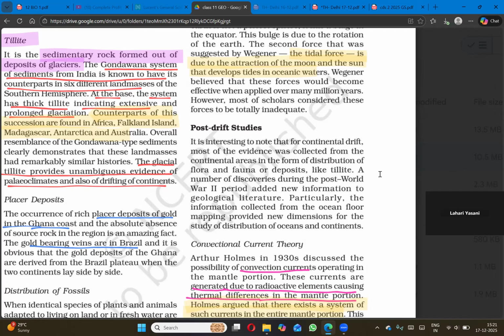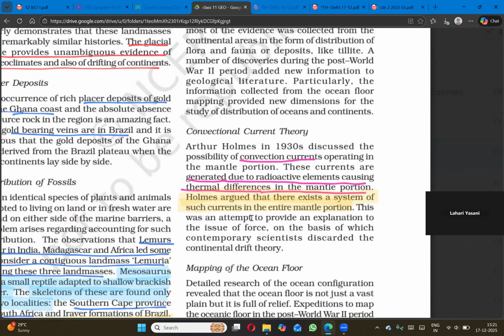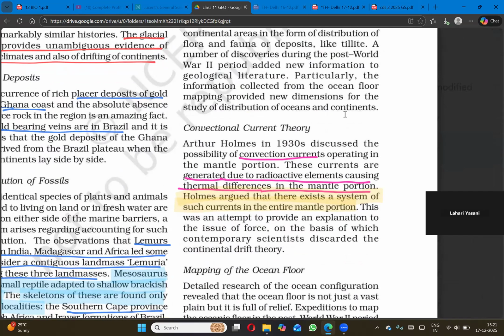If we see the conventional continental drift theory, most of the evidences were related to tillites, placer deposits, jigsaw fitting, but new information is being added right now to help identify the processes. That is ocean floor mapping, which provided new dimensions for the study of distribution of oceans and continents.